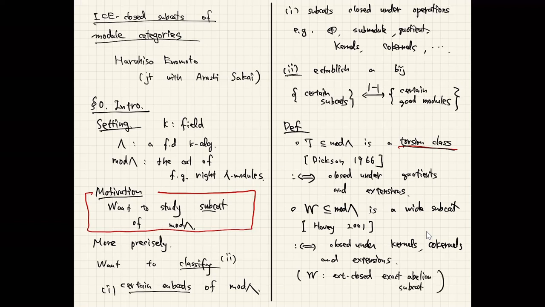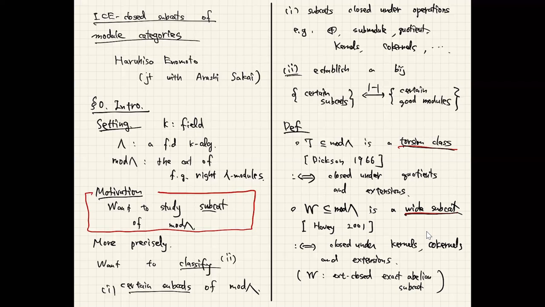So it is an extension-closed subcategory, W is itself an abelian category, and the embedding is an exact functor. So there are two typical classes of subcategories which have attracted attention in the representation theory of algebras.